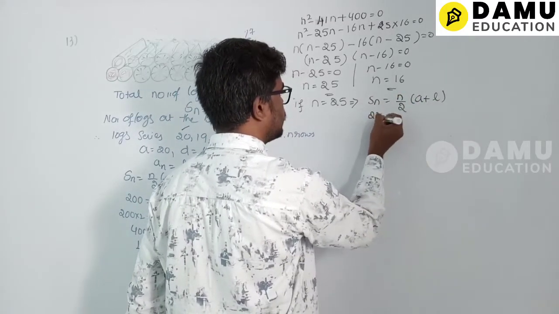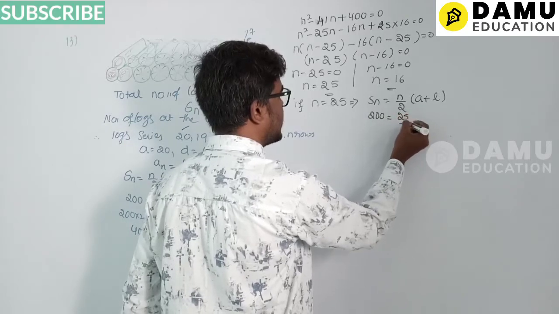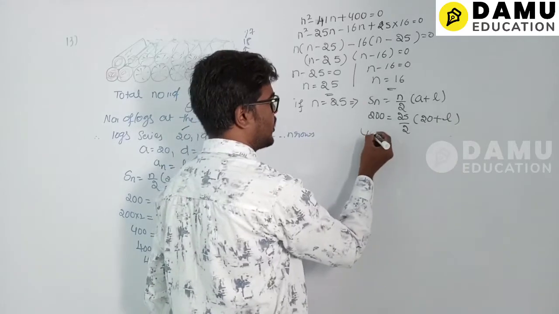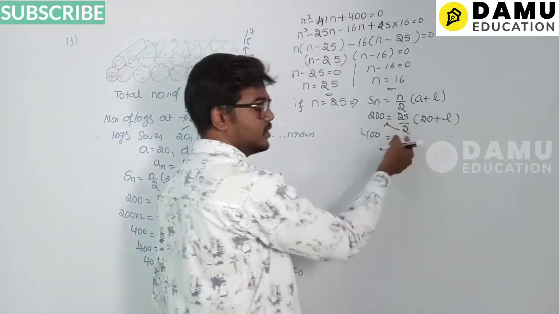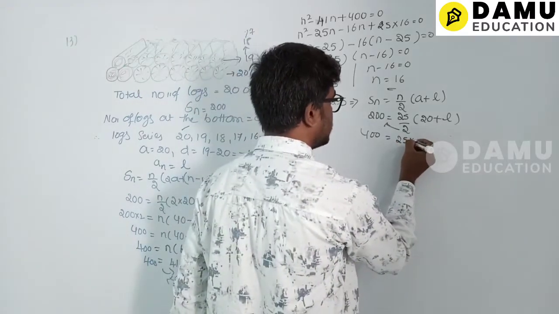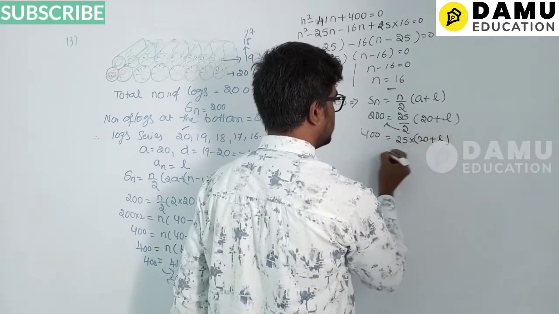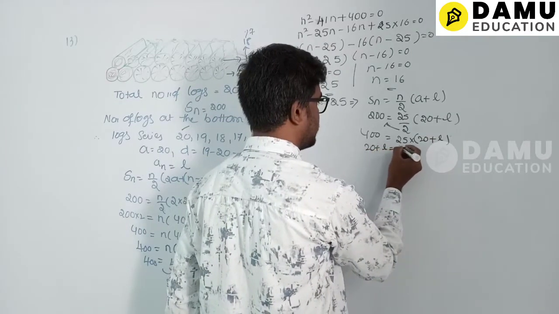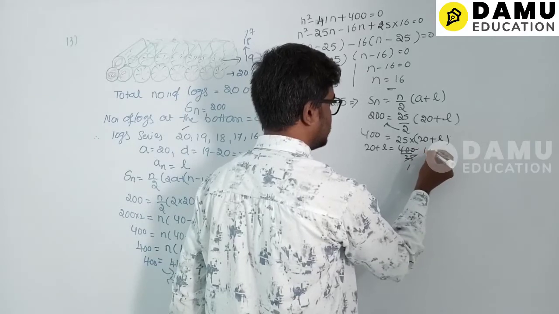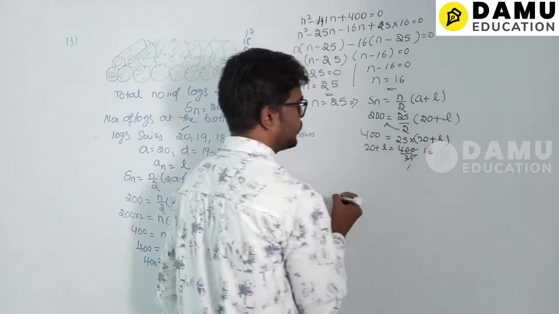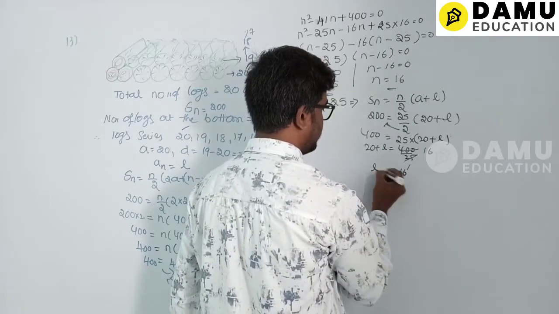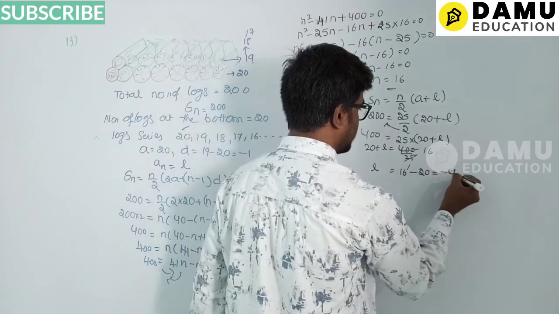Sn will be 200 logs, n will be 25 by 2, a will be 20 plus l. 400, 2 will shift to the left side, 2 into 200, 400, equals 25 into 20 plus l. So 20 plus l will be equal to 400 by 25. 25 ones are 25, 16s are 400. So we get 16, l will be equal to 16 minus 20, we will get minus 4.